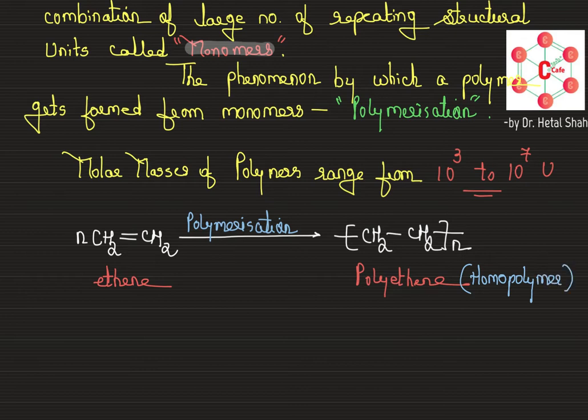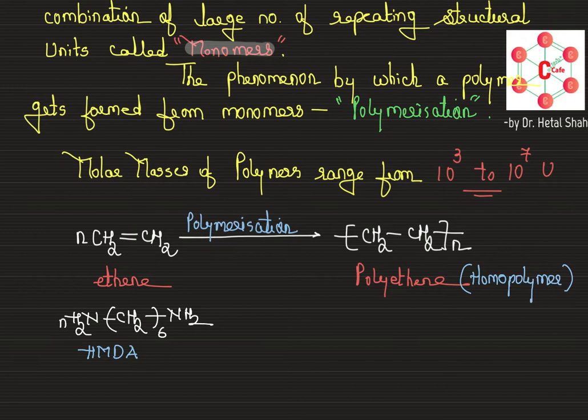Many times you find that there are two different types of monomers which undergo polymerization. Now here there is this molecule which is NH2, then 6 times CH2, and then NH2. This is also called hexamethylene diamine, or HMDA. We would be talking more about this.